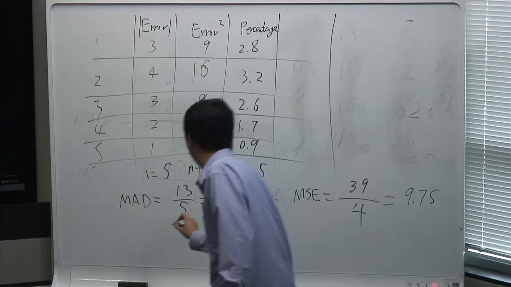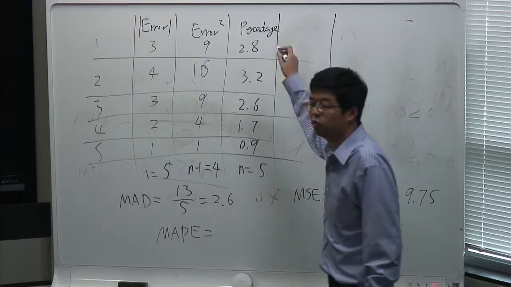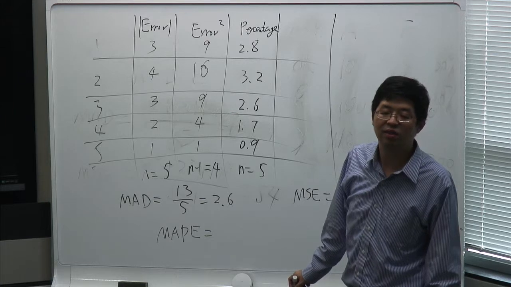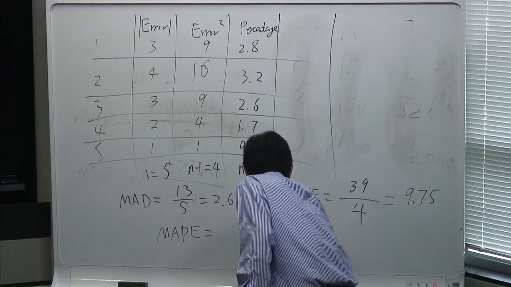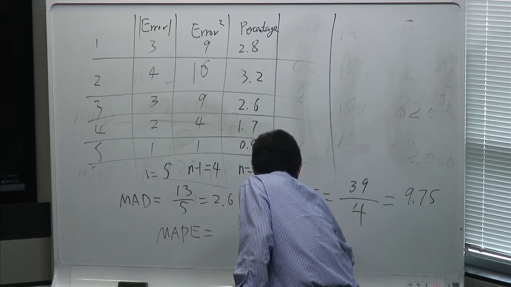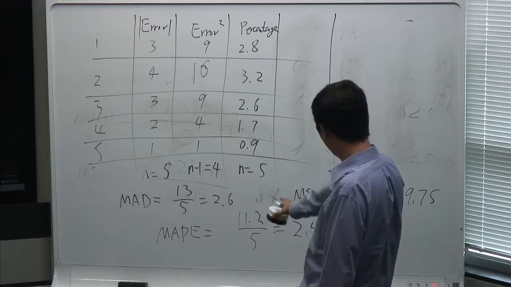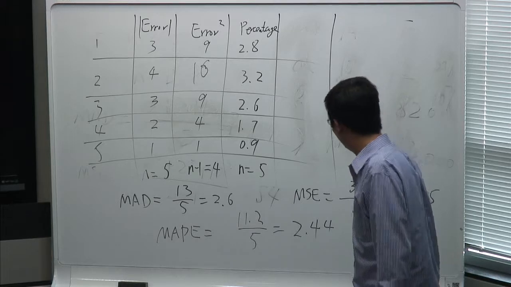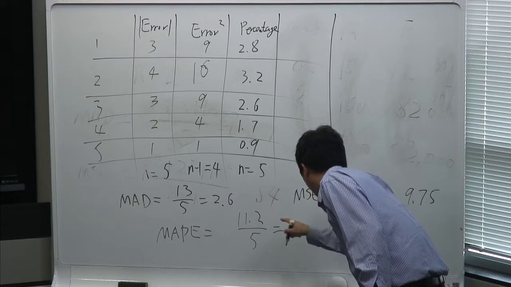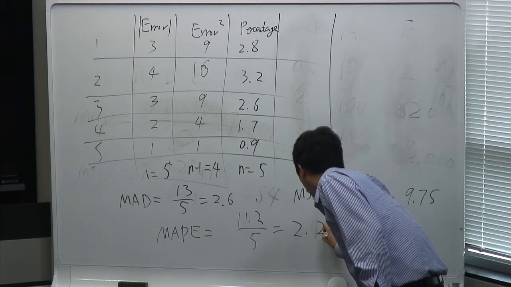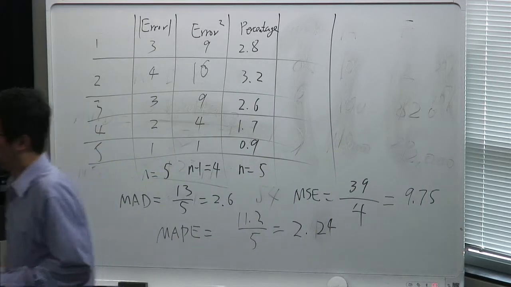The last one, MAPE. The summation of the percentage errors is 11.2, divided by 5, so we get 2.24. I can't imagine my math is so bad now. Okay, anyway.